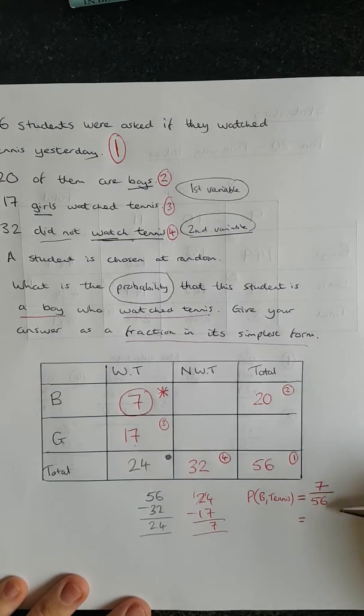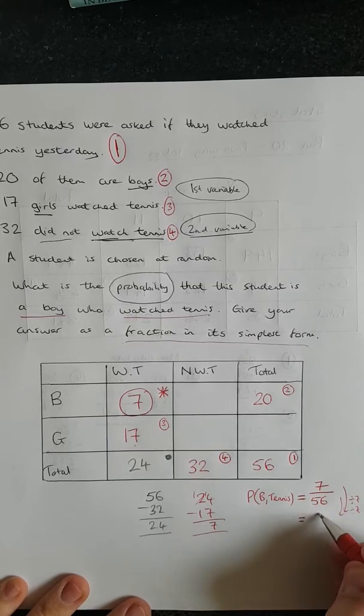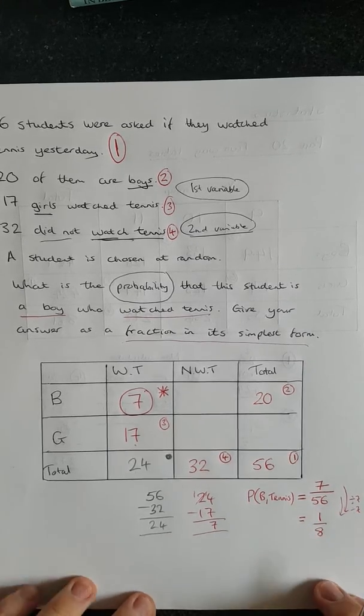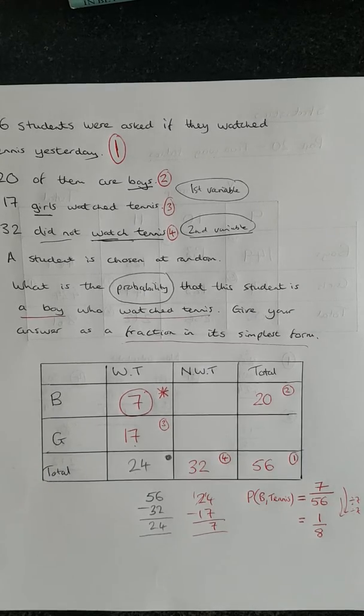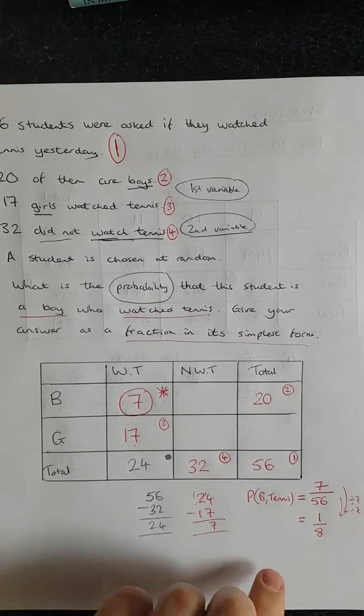So these two numbers are in the same times table. Well, it's the 7 times table. So divide both bits by 7 and we'll get 1/8. So let's go back over the video quickly.